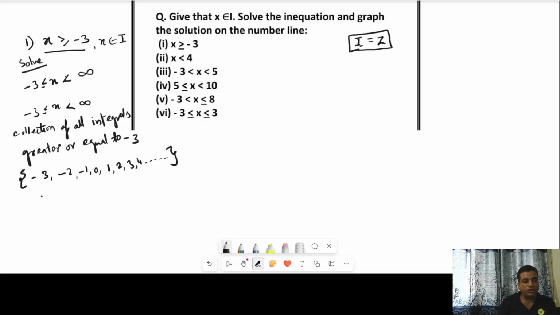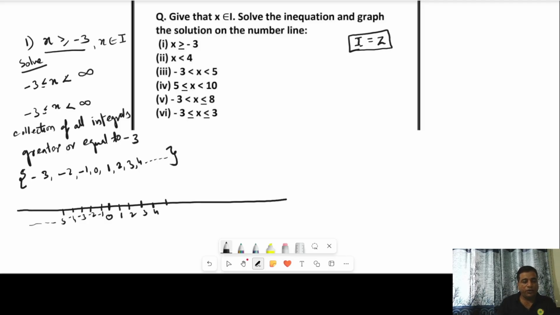Now if you want to represent it on a number line, first you draw a number line. Let me take here the midpoint of the number line, that is 0. Let this be minus 1, minus 2, minus 3, minus 4, minus 5, and so on, and to the right of 0, 1, 2, 3, 4, 5, 6, 7, and so on.